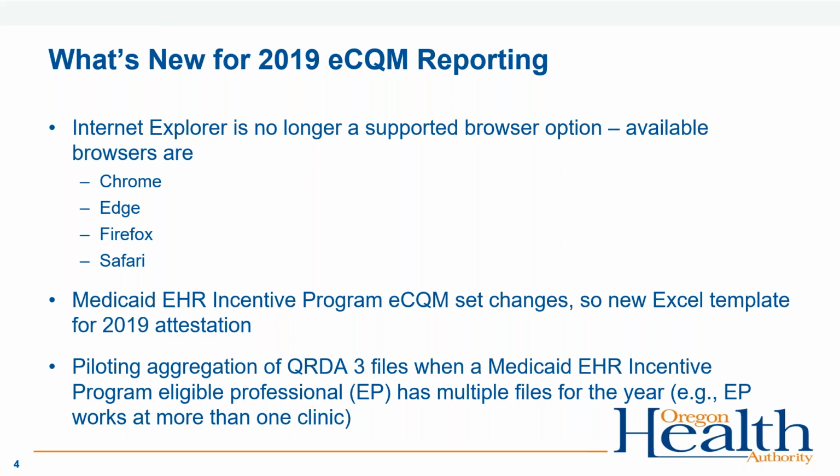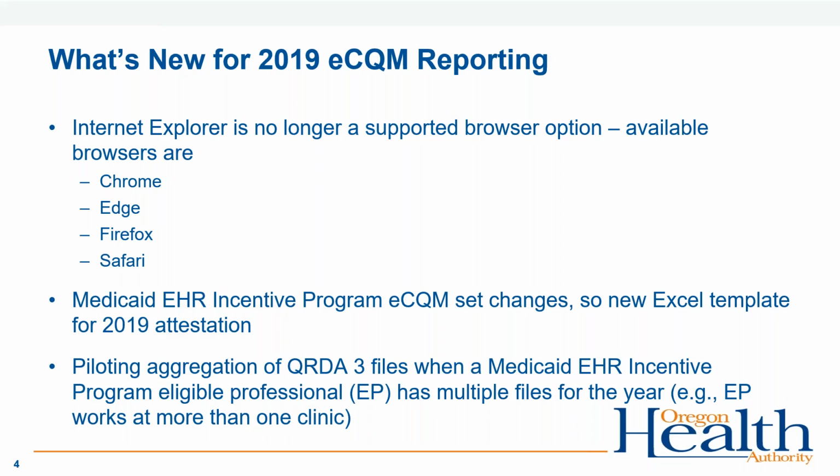The other thing that I wanted to highlight for you is that we will be piloting some work on aggregation of QRDA3 files. So for the Medicaid EHR Incentive Program, we know last year we ran into the situation with a number of folks that you have an eligible professional who practices at more than one clinic location during the year. And so your EHR will generate multiple files for that particular EP. And the CMS reporting requirements really point to having one file per EP.